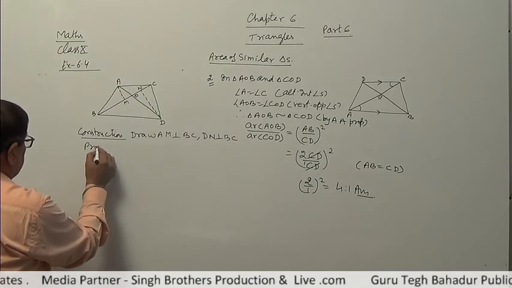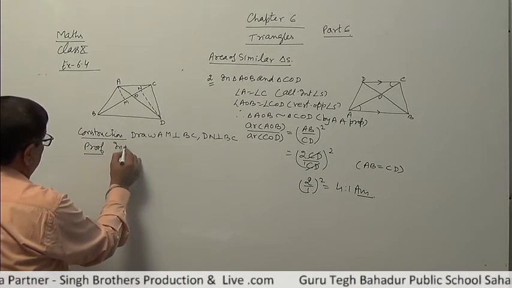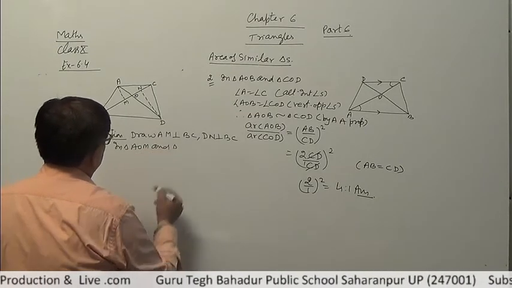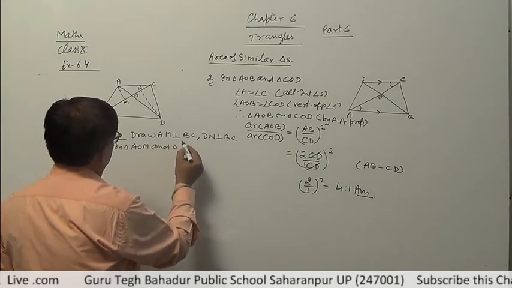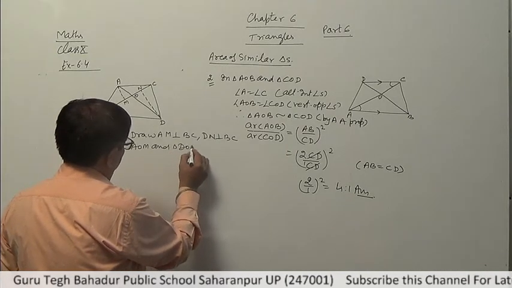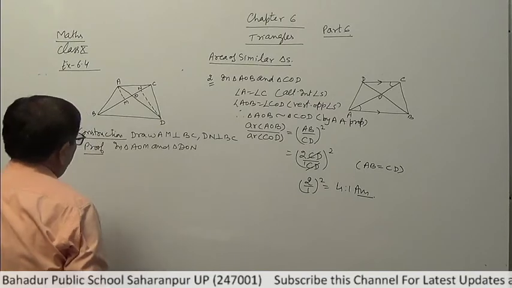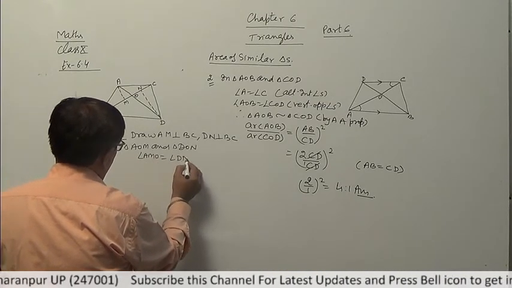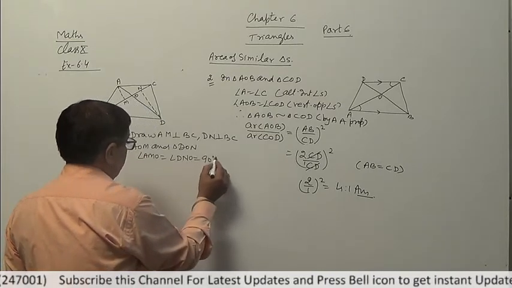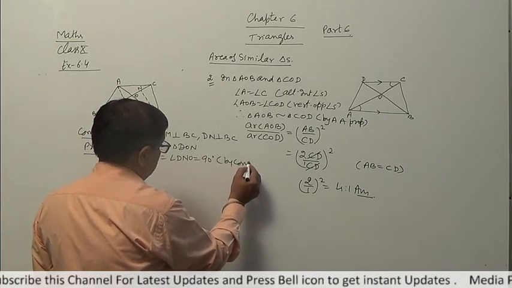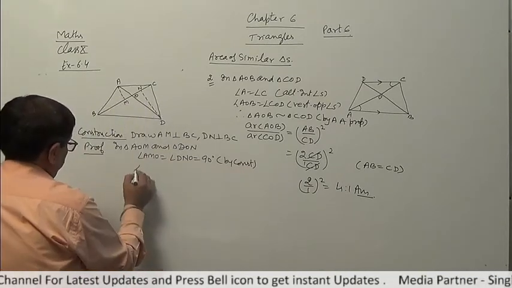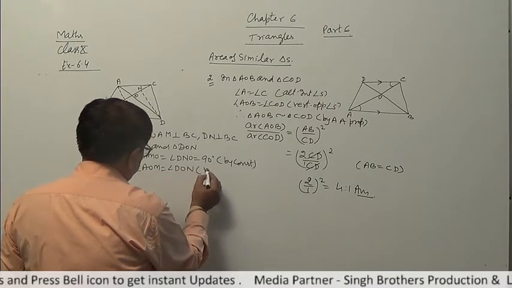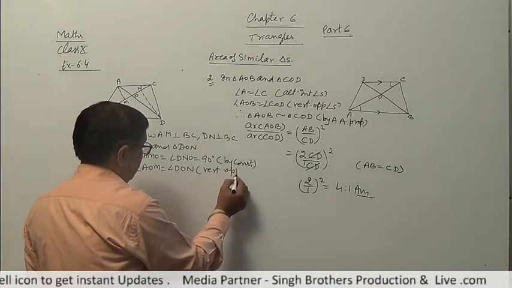Proof: in triangle AOM and triangle DON, angle AMO is equal to angle DNO is equal to 90 degrees by construction, angle AOM is equal to angle DON, vertically opposite angles.